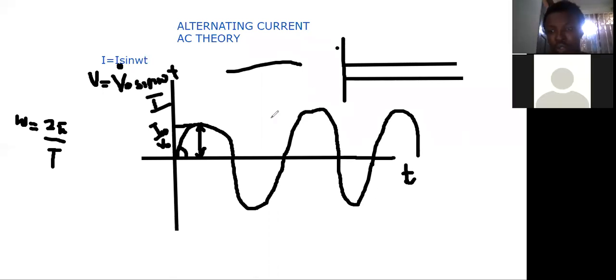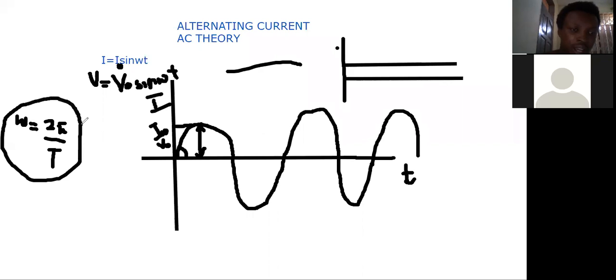This omega is the angular velocity, and we can relate it in terms of 2 pi. When we talk of circles, we normally use 2 pi, so you should know where it's coming from. So omega is equal to 2 pi all over T.